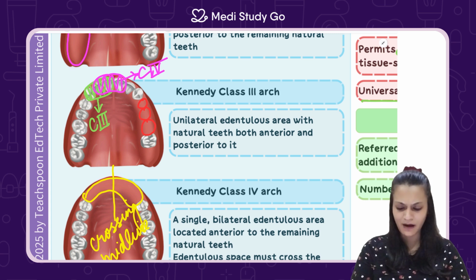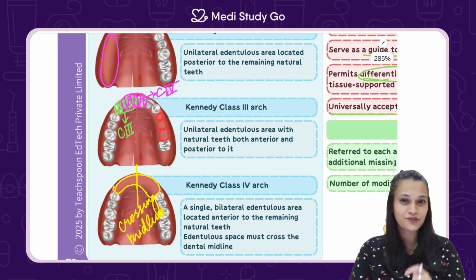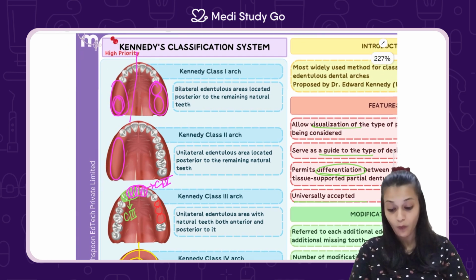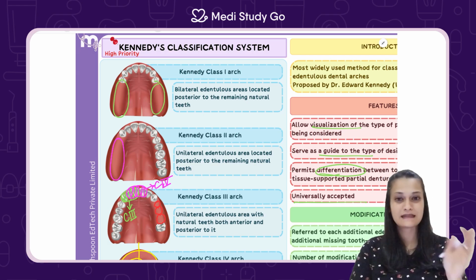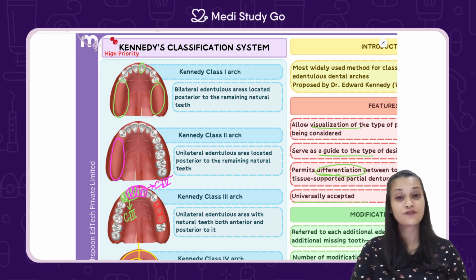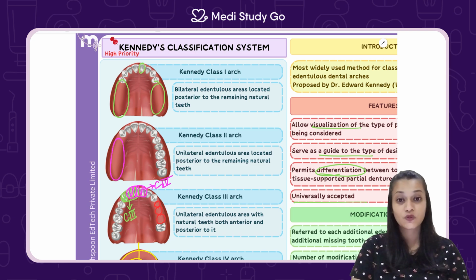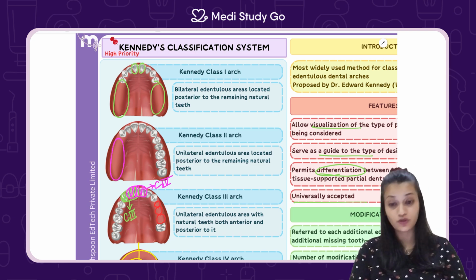But what comes to my mind is, it's not always going to be one space or 2 spaces, unilateral and bilateral. What if, let's assume, this is missing? So it is Kennedy's class 1. But a central is also missing. So is it class 3 or class 1? Or both of them are missing.